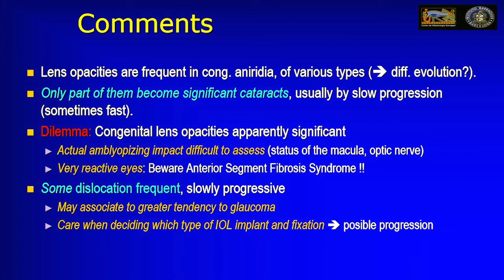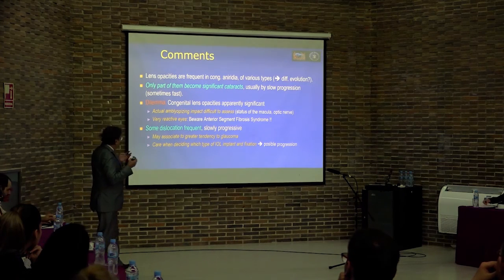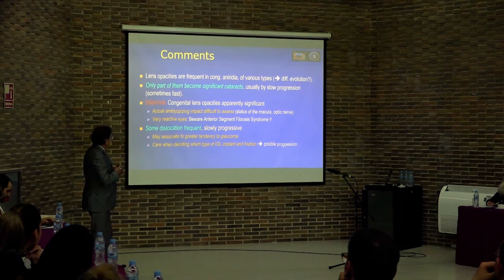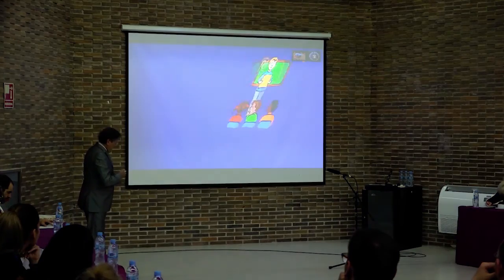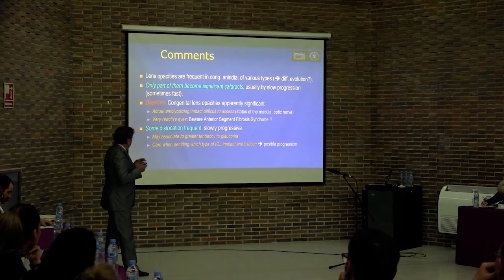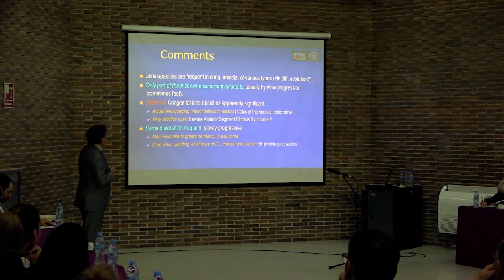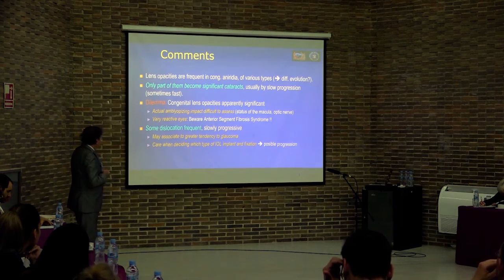Also, especially in children, we have to be very aware that these eyes are especially reactive, something related to the genetic problem. I have personally lived some cases with this reaction, the anterior segment fibrosis syndrome, after cataract surgery. So we have become more and more conservative before deciding to operate on these cases.